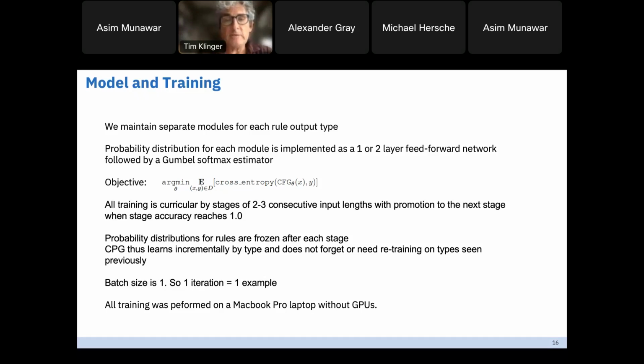We freeze the modules associated with the rules that were learned in that stage, so it doesn't forget, and it's able to reuse those modules in types that occur when longer sentences are seen in later stages. So typically the types increase as you go, because you need more types to represent the concepts in longer and longer sentences, until you reach some kind of fixed point.